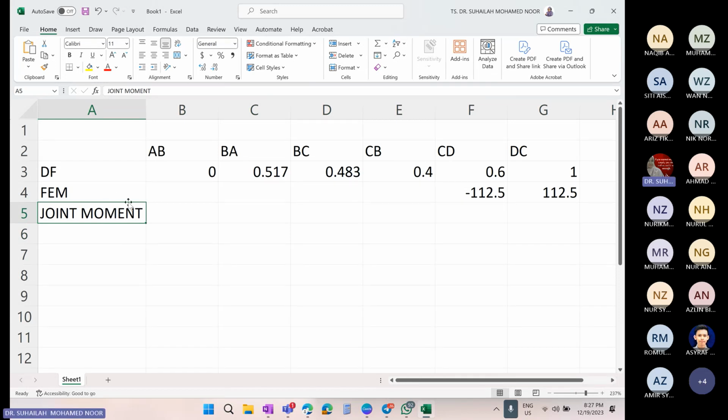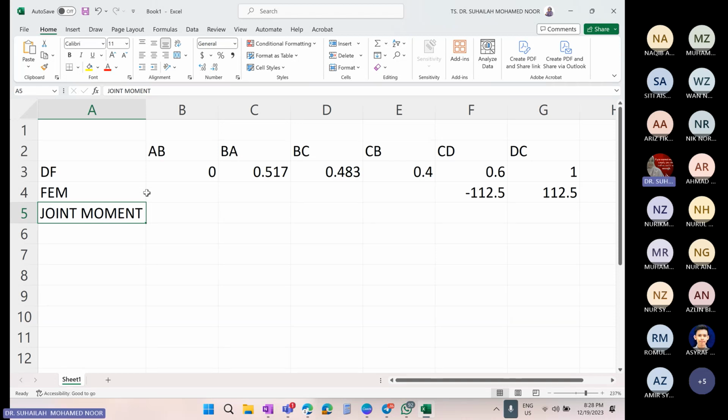We change sign because FEM is member end moment. FEM is the first moment in the table, and it is member end moment. But remember, we distribute joint moment. I have explained this in the lecture video last week. The process is we distribute joint moment, and joint moment is opposite to member end moment. That is why we have to change sign.